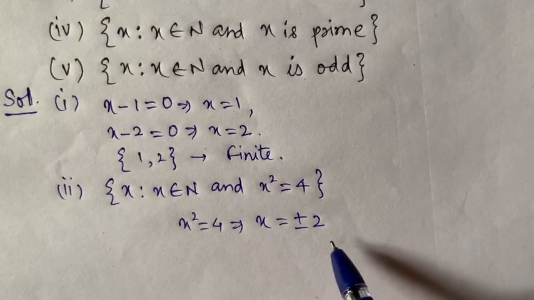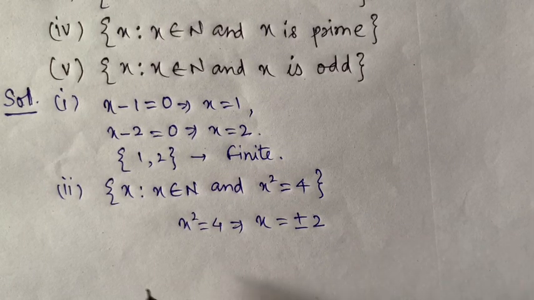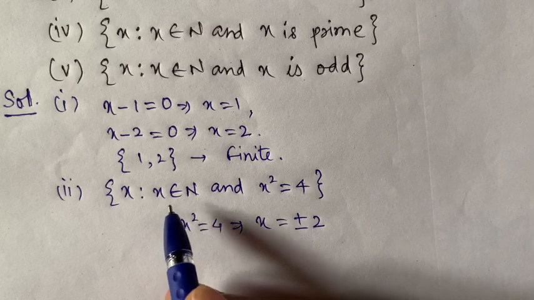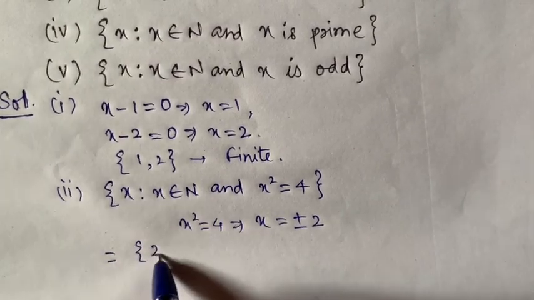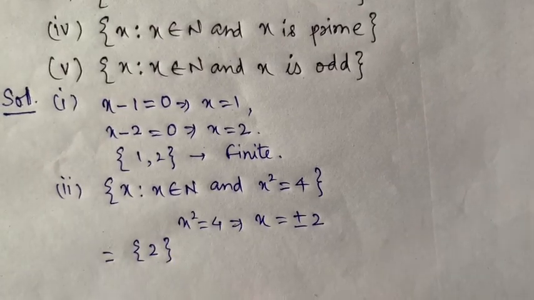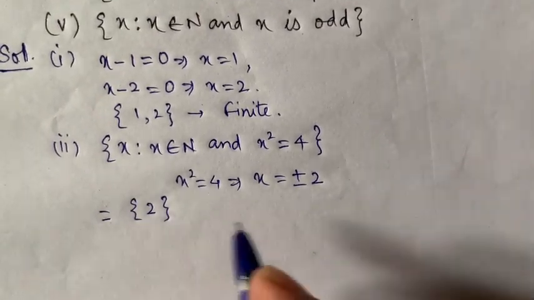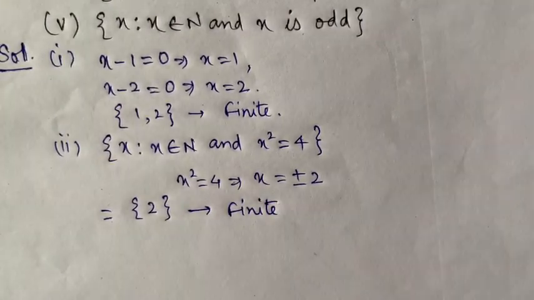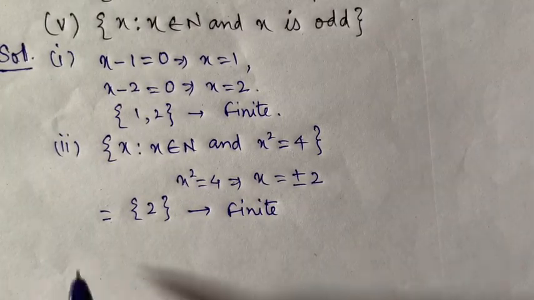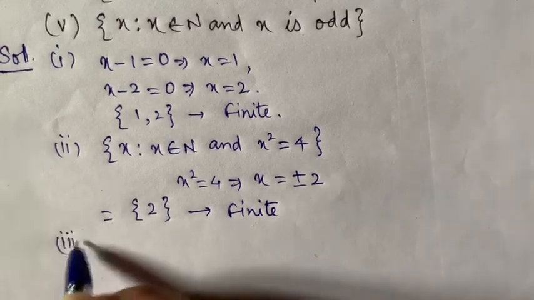Now minus 2 will be discarded as we are considering x as natural numbers. So we will have only one element and that is 2, but still it will be a finite set because it has number of elements 1. Now we will consider the third part.